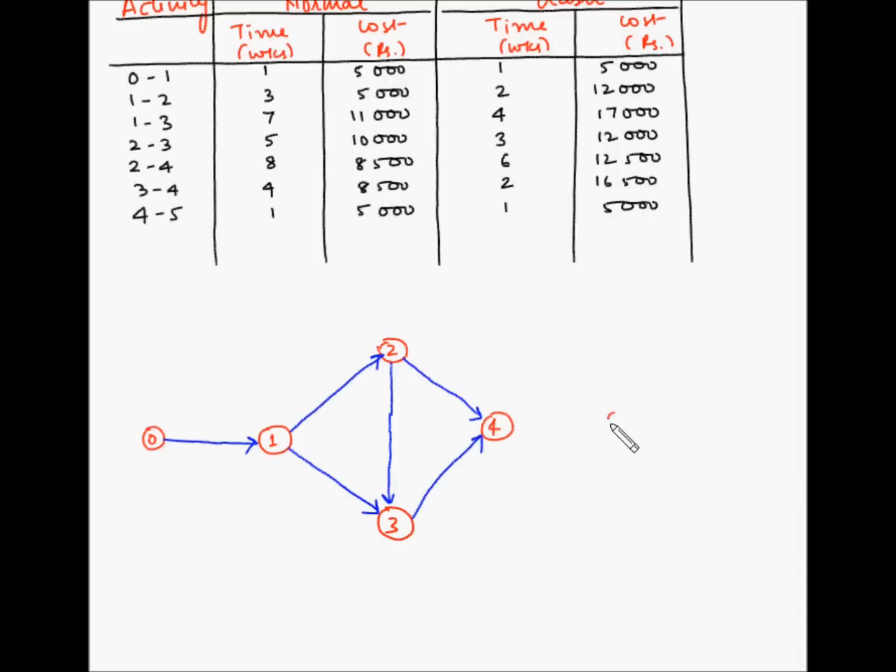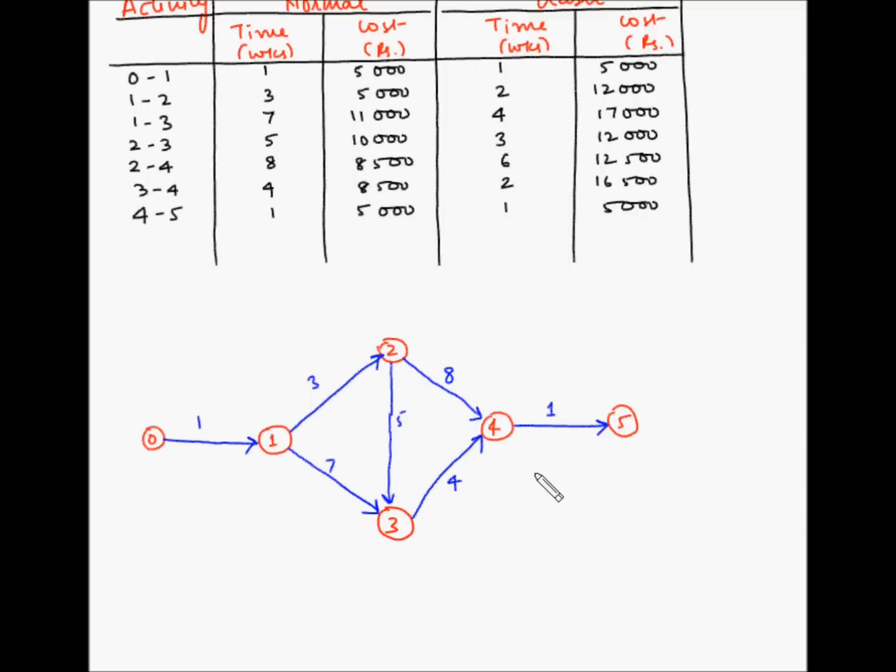So let's draw node number 5, and this is the activity 4 5. Now the normal time for 0 1 is 1, 1 2 is 3, 1 3 is 7, 2 3 is 5, 2 4 is 8, 3 4 is 4, and 4 5 is 1.